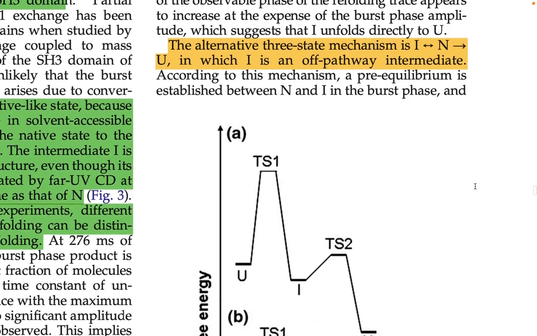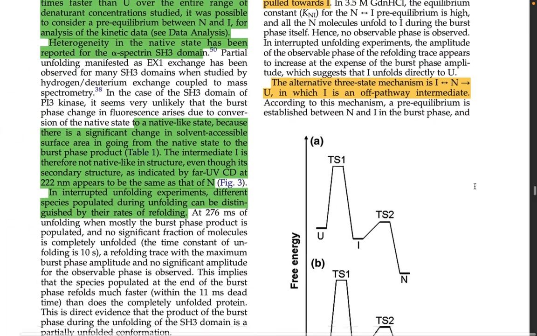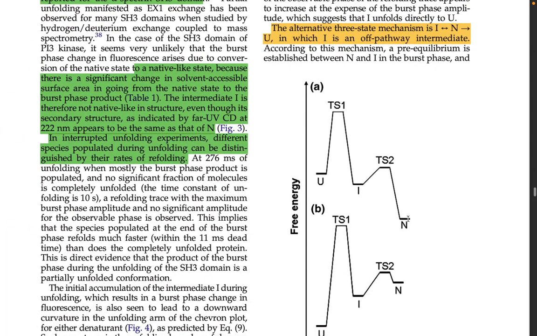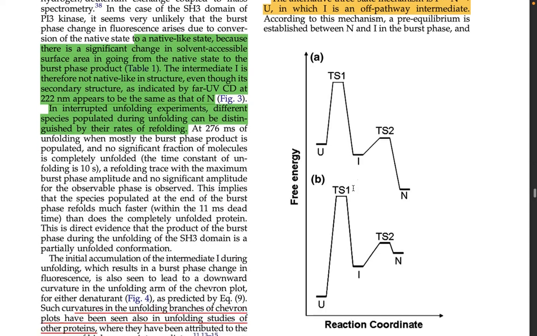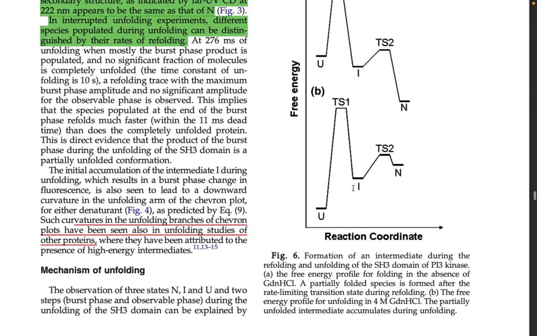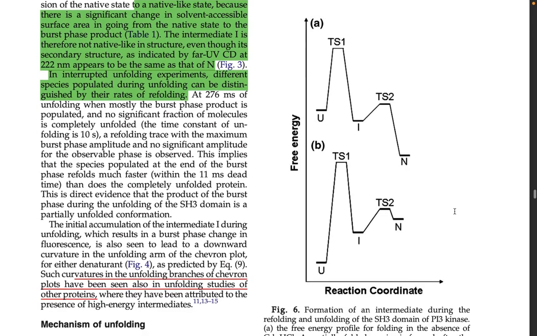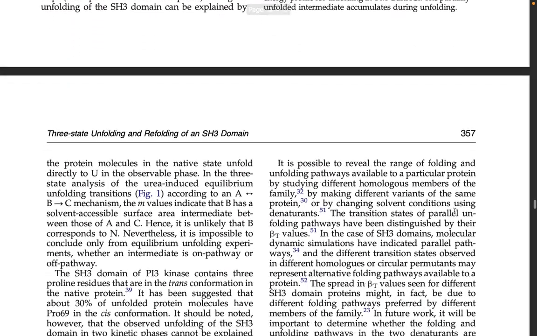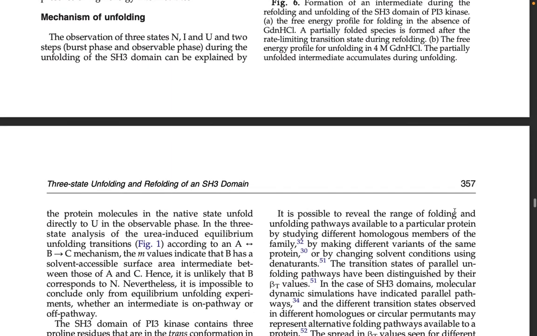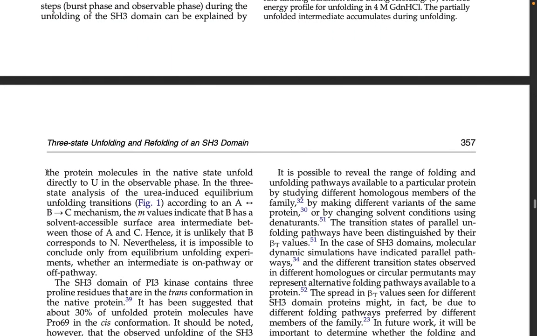According to this mechanism, a pre-equilibrium is established between N and I. So here you see N and I, and here's the U. They are transition state 2, transition state 1, and the protein molecules in its native state unfold directly to U in the observable phase.